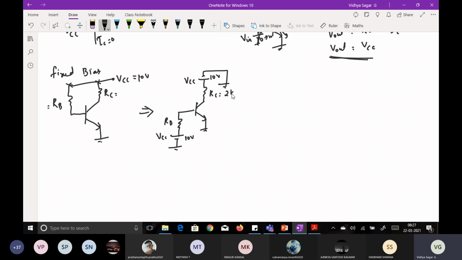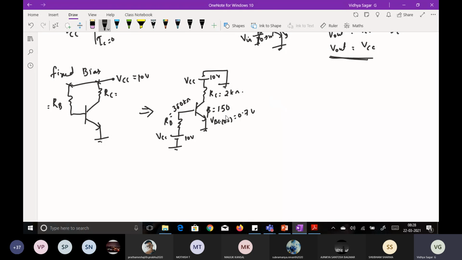RC I'll take as 2 kilo, RB I'll take as 380 kilo. Fine. So I'm going to consider the beta value: beta is equal to 150, VBE on equal to 0.7 volts.